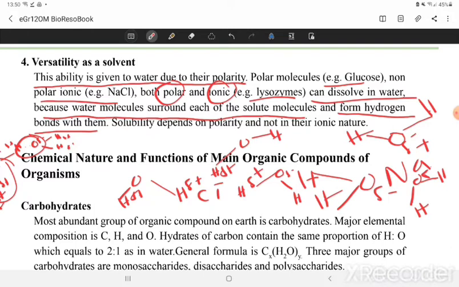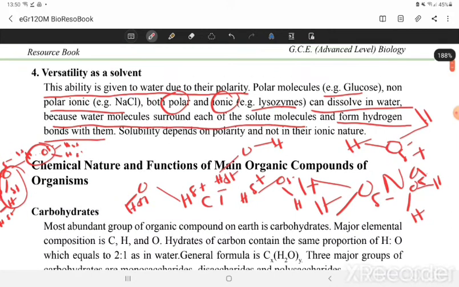Water molecules separate the sodium ions and the Cl minus ions by surrounding them, as you can see. So solubility depends on polarity and not on their ionic nature, when we are talking about water.